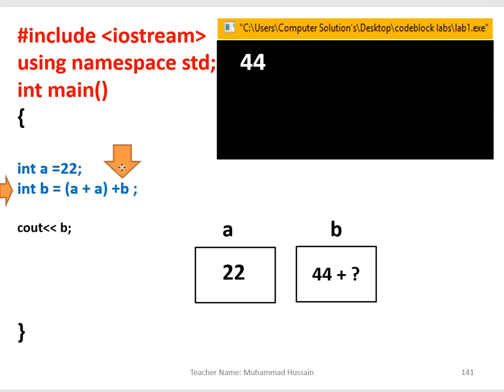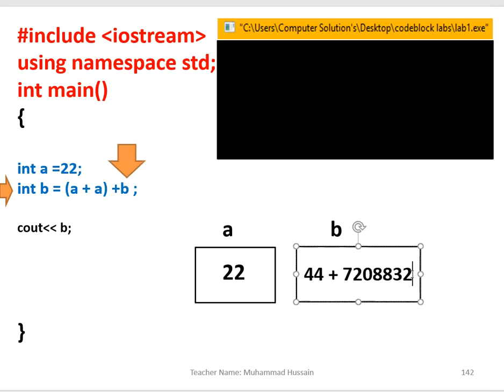So the compiler will give B a value itself, a default value. If you are using Code::Blocks, it will give B the value 7208832.